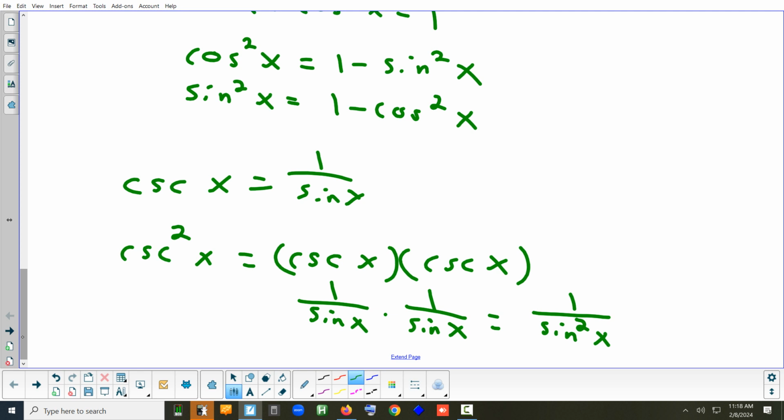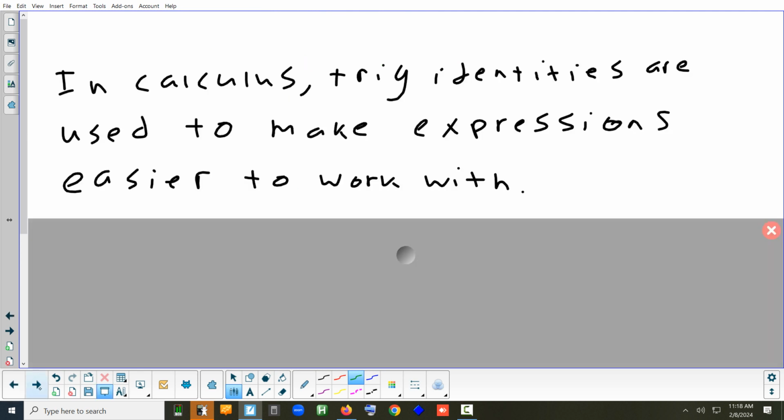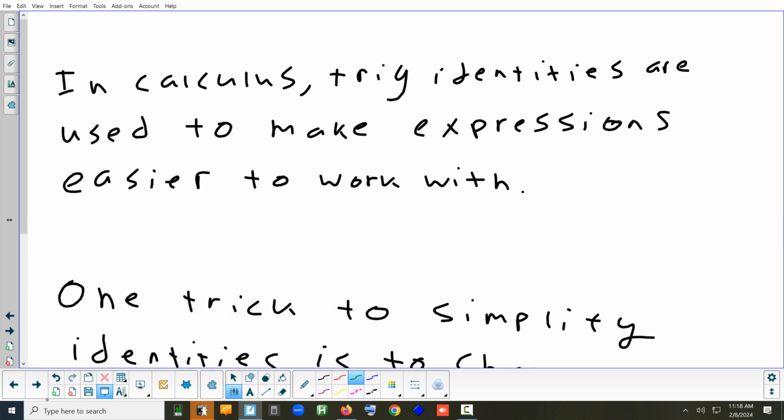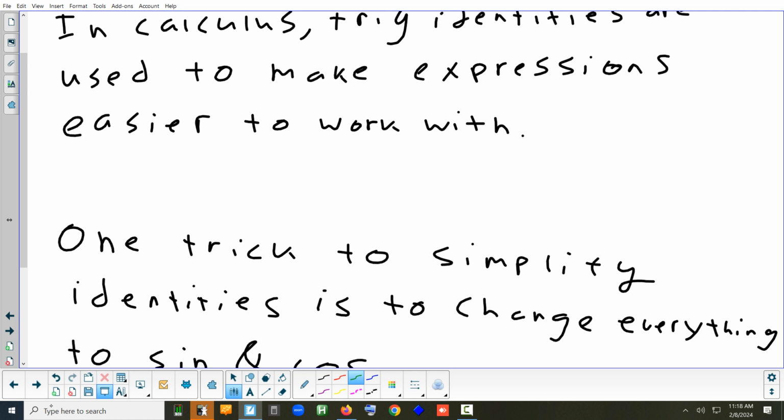All right, so let's see what we're going to do. I kind of pointed out the reason why we do it. The goal is to take something that's somewhat complicated in trig and make the expression simpler to work with. There's a few different tricks that we use to do it.